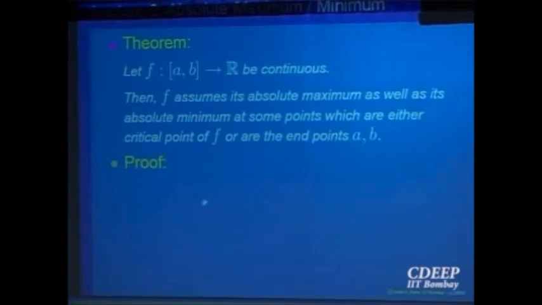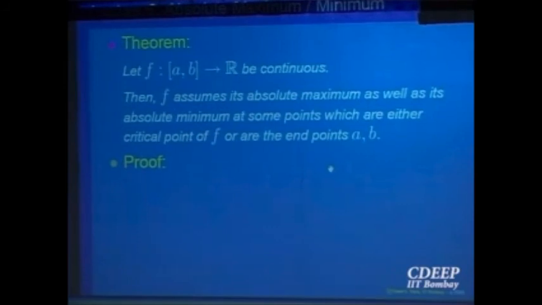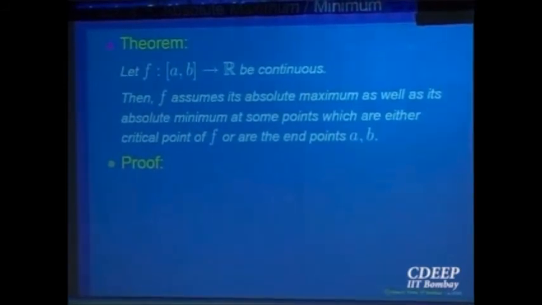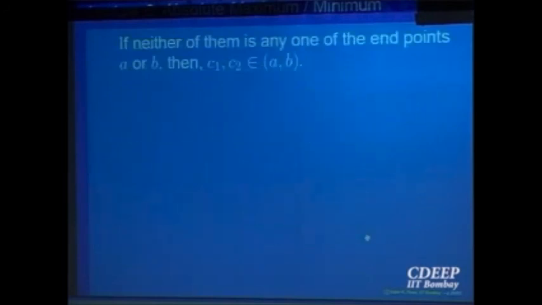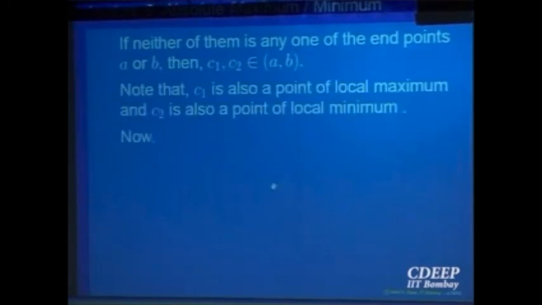Okay, the proof is obvious, because if the absolute maximum is not an endpoint and not a point where the function is not differentiable, then being also a point of local maximum, the derivative must be equal to 0. Only these possibilities are there. So if C1 and C2 are the absolute minimum and absolute maximum, then either they will be interior points or endpoints, and accordingly you write it down. If it is not differentiable, fine.